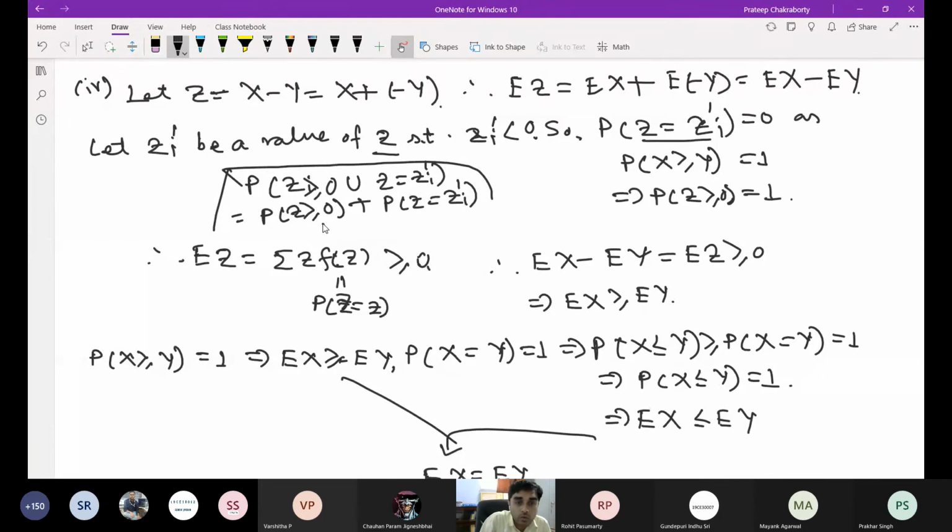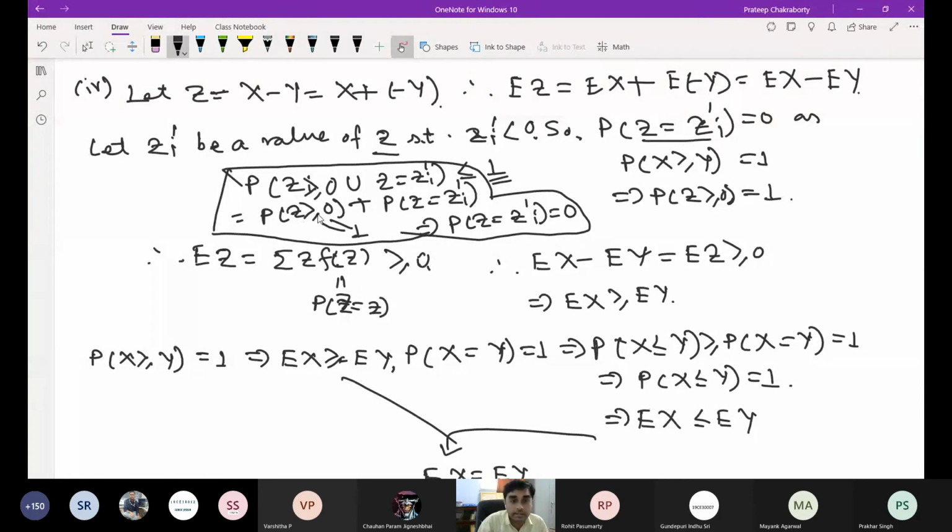Now this first one is equal to 1, and their union is an event, so it has to be less equal to 1. So P of Z is equal to zi prime has to be equal to 0, because any event has probability less equal to 1, and the first part is already equal to 1.